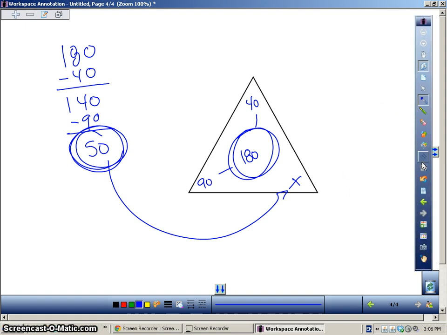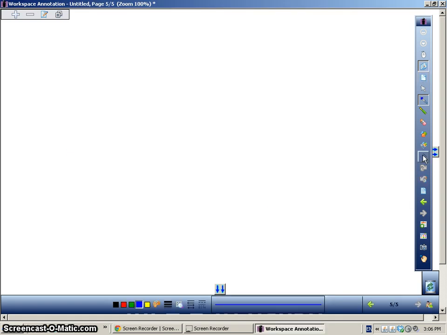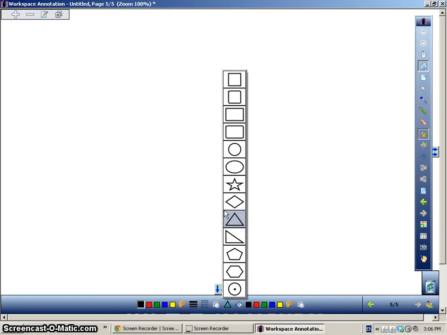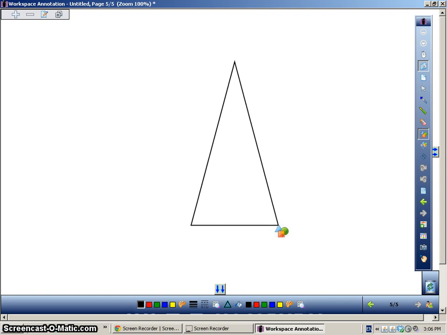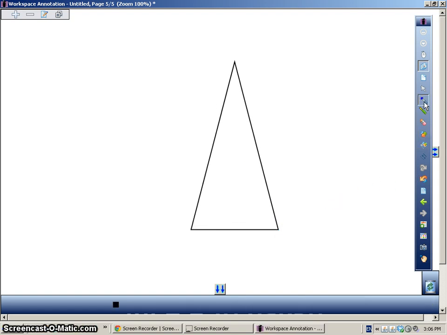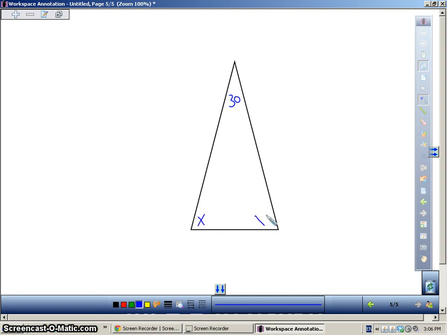But we did run into a problem where we had a triangle and we had two angles that were missing. So something like this, and we knew that this was, let's say, 30 degrees, but we didn't know this one or this one. And what they told us was that it was a special triangle.